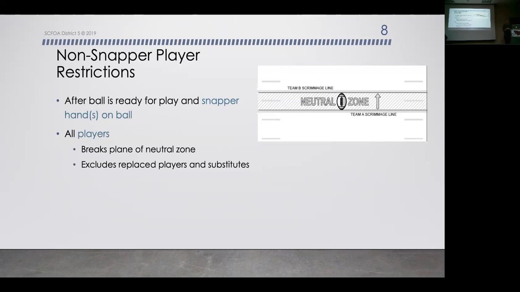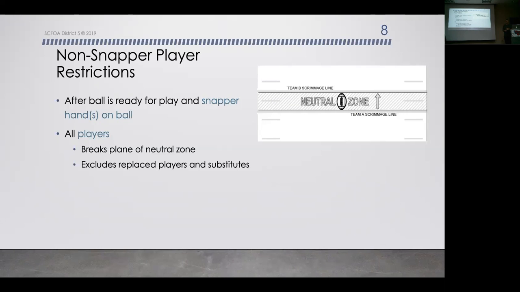If B or R contacts the ball prior to the end of the snap. By definition, a snap ends when the ball touches the ground or any player. And if B or R contacts the snapper's hands or arms prior to the ball release, then that's a dead ball foul. This is very difficult for the umpires to see.